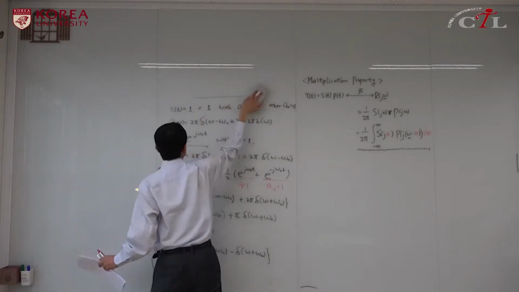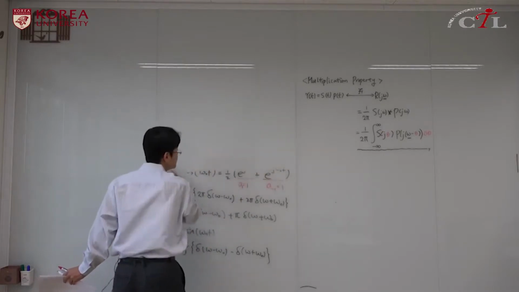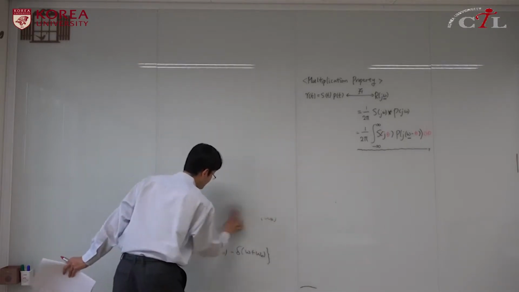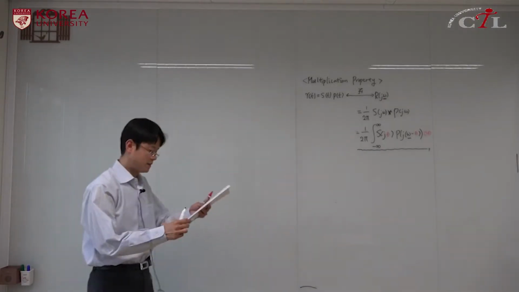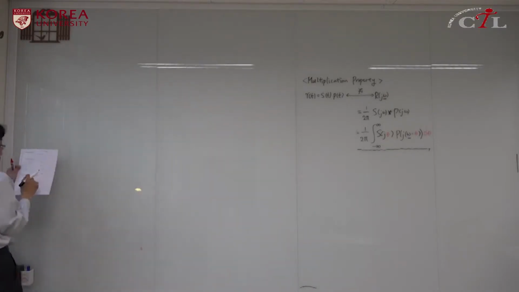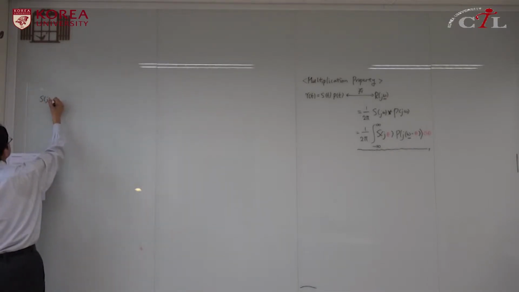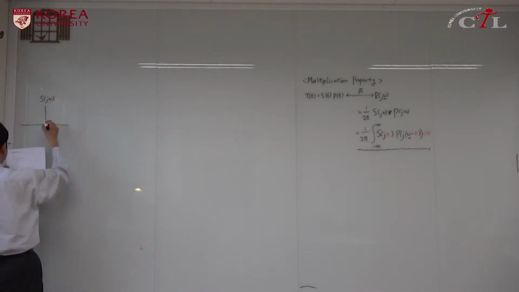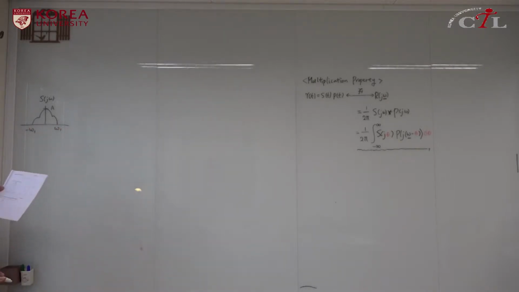One is sinusoidal amplitude modulation, and the other one is frequency selective filter. So first thing is sinusoidal amplitude modulation. In the figure of the lecture note, we see some specific S(j omega). It has a specific form, let's say this with amplitude A and bandwidth from minus omega_1 to omega_1.